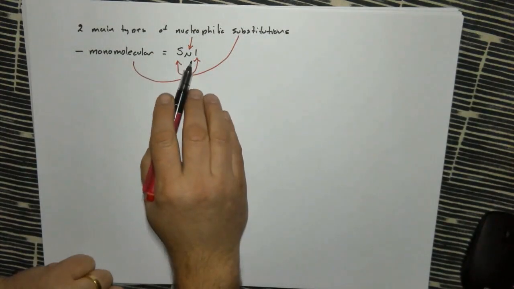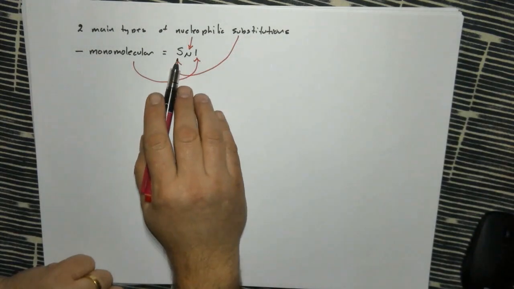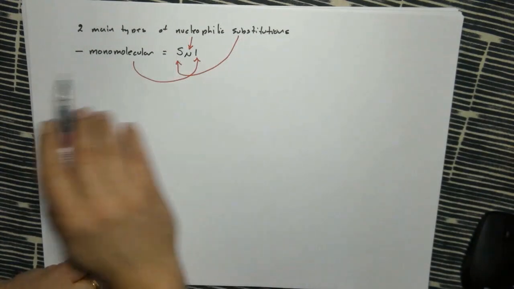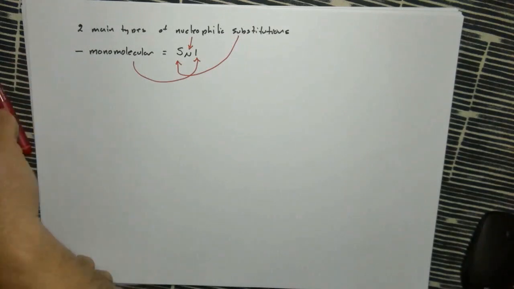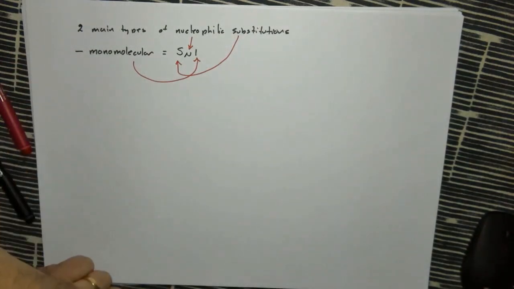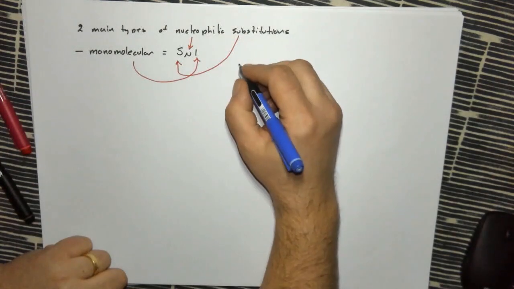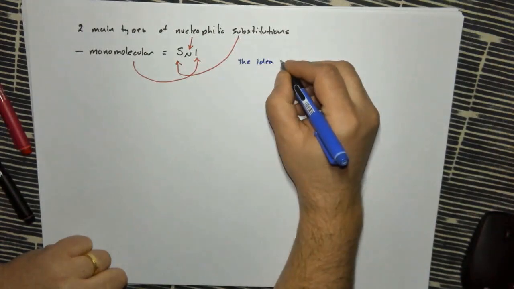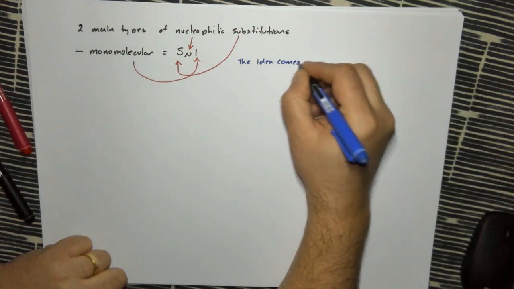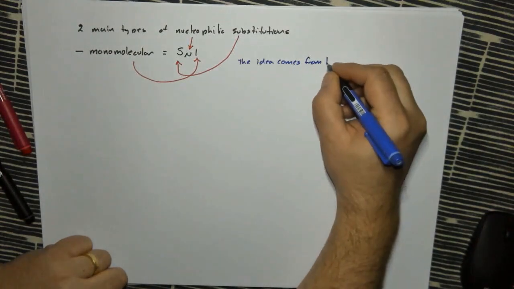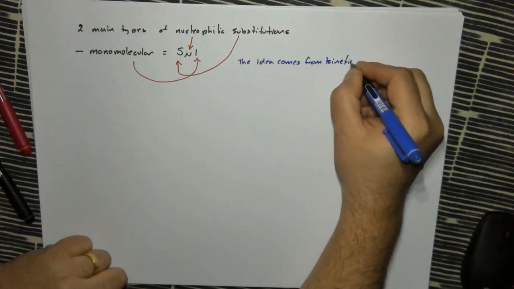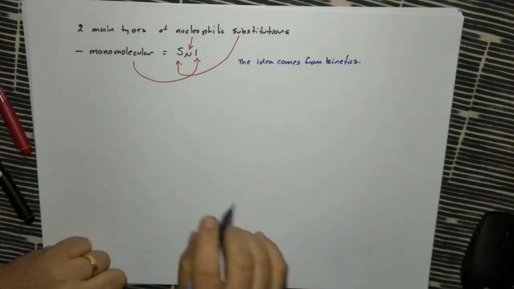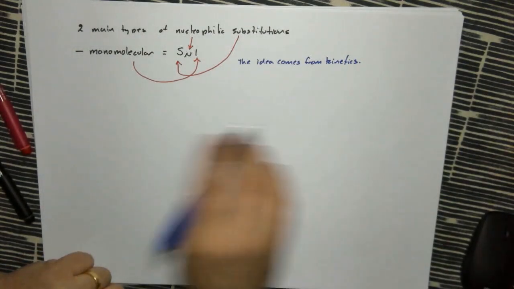So, monomolecular nucleophilic substitution. Now, what do we mean by that? Well, this idea comes from kinetics, and we'll get back to that in just a minute. I'm going to talk about kinetics in just a second.